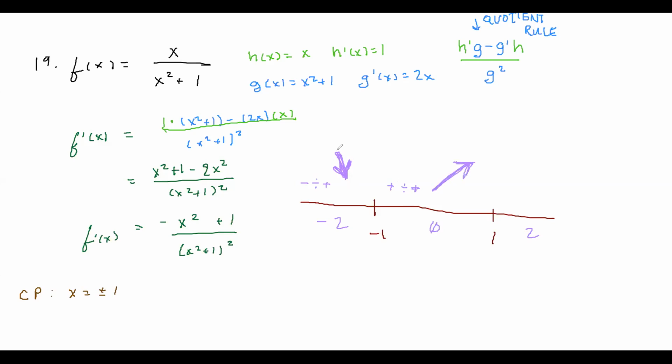The reason I'm drawing these arrows in the way that I do, down and up, is basically so that I can better visualize it. I could just have a negative sign or a positive sign, but for me, the arrows make it a lot easier to visualize. And then over here at 2, I'm going to end up with -4 plus 1, so it'll be a negative divided by a positive again. So it'll be negative.